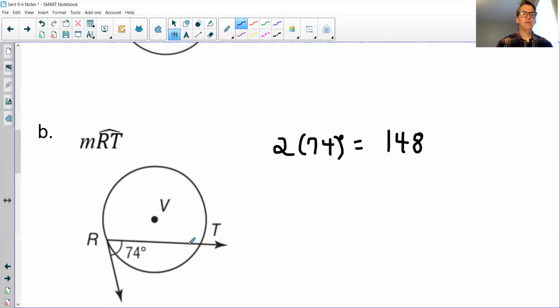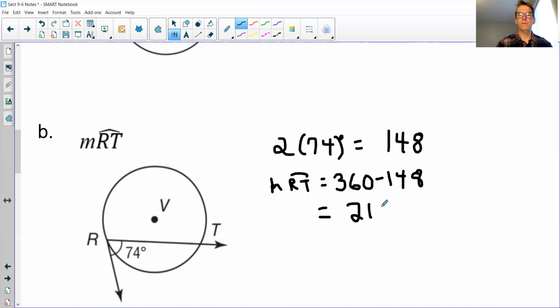So the arc all the way around is 360, so the measure of arc RT is equal to 360 minus 148, and that is equal to 212.